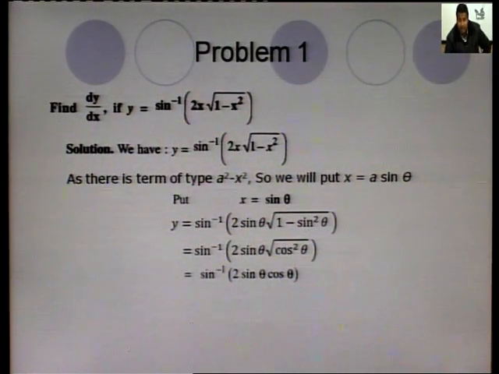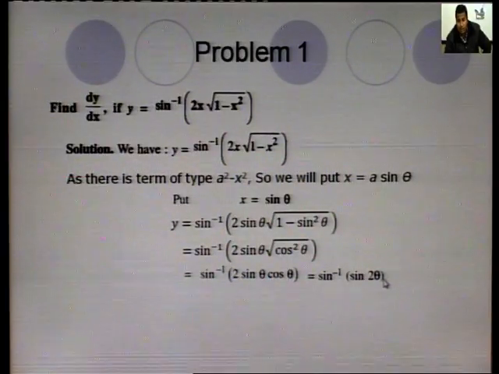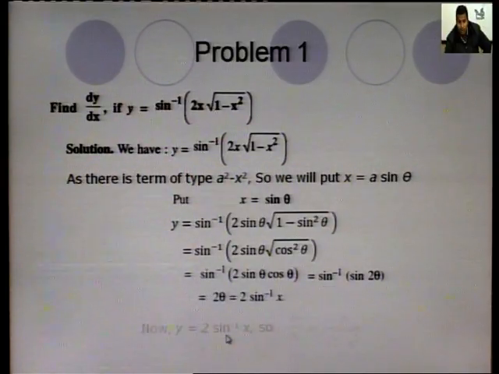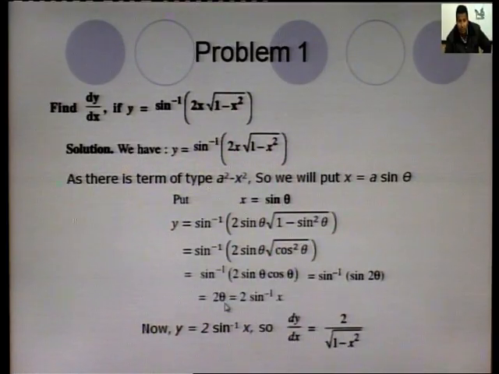So sine and sine inverse, sine 2 theta, these will cancel out, so the term will become 2 theta. Putting the value of theta again, because x equal to sine theta, theta will become sine inverse x. So y will become 2 sine inverse x.